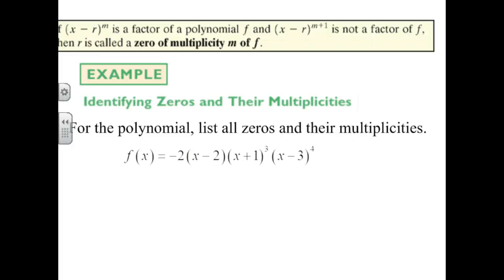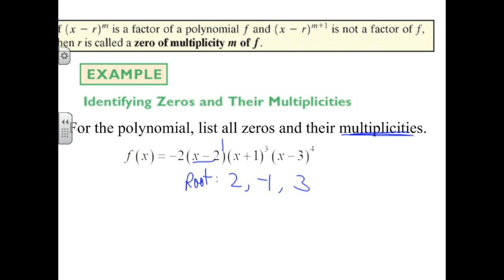So for this, it says list all the zeros and their multiplicities. I might even ask you to graph the thing, but the multiplicity is the number of times that each factor is being multiplied by itself. So the first root that we see is 2, because when I set this equal to 0, I get a 2. Then the next root is a -1, and the last root is a 3. But the question is, what's the multiplicity?